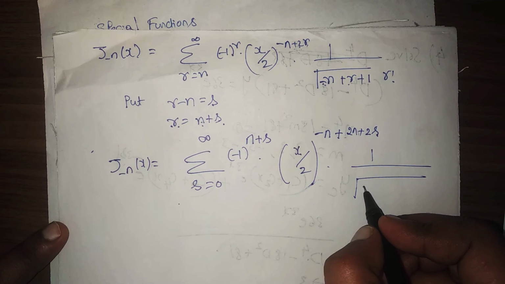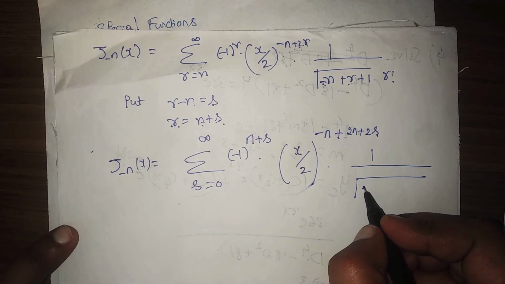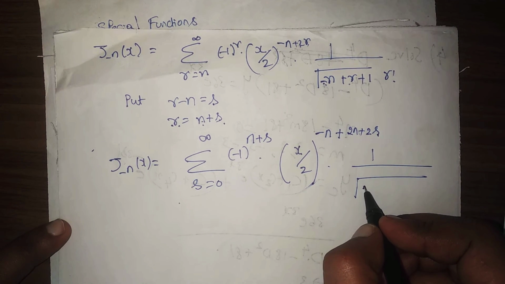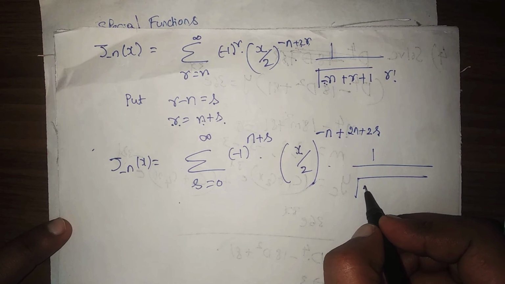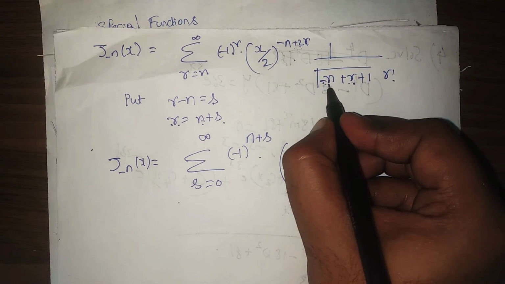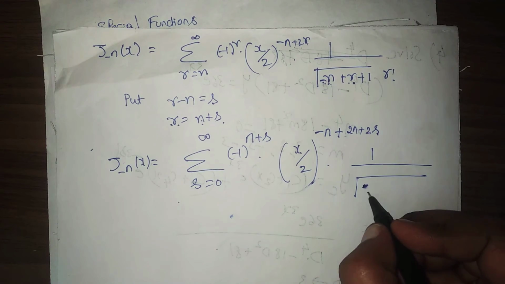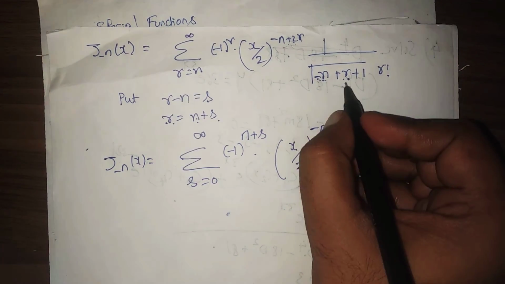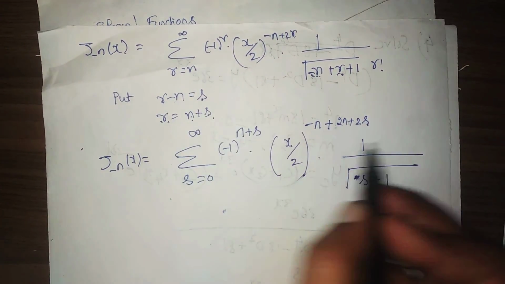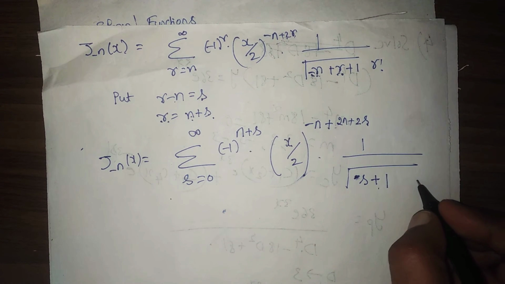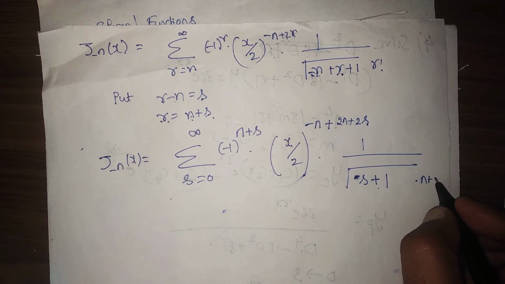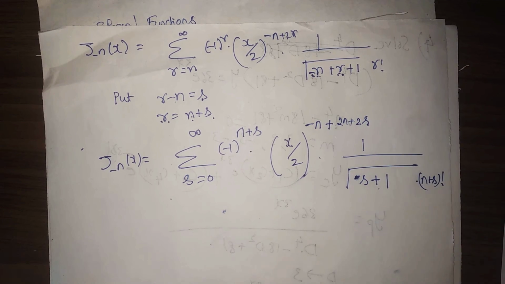So here, in the place of r minus n I can put s plus 1, because r minus n is s, into what is r? n plus s factorial outside the gamma function.